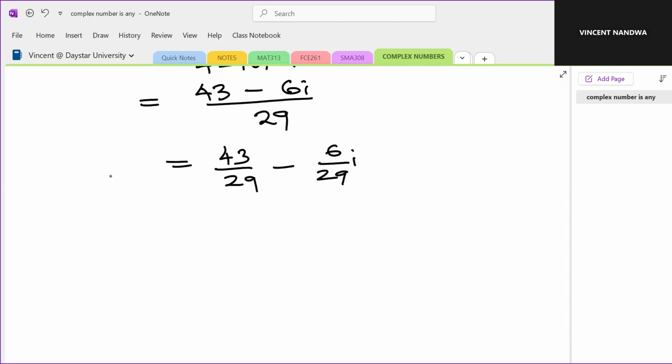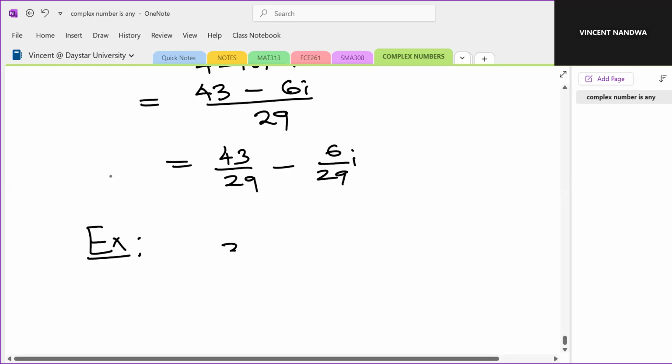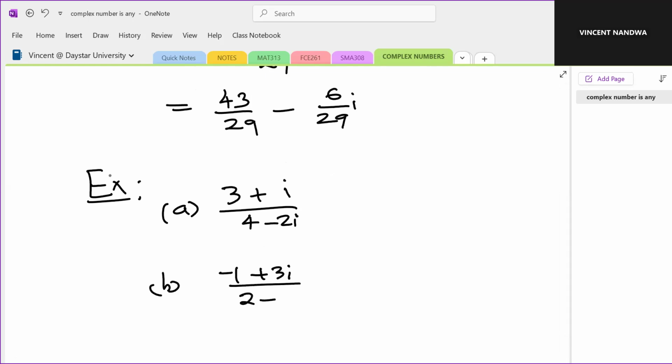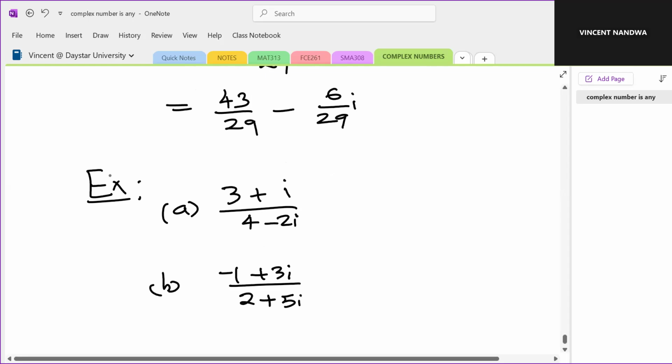So as an exercise, evaluate this: (3 plus i) over (4 minus 2i). And then B: (minus 1 plus 3i) divided by (2 plus 5i).